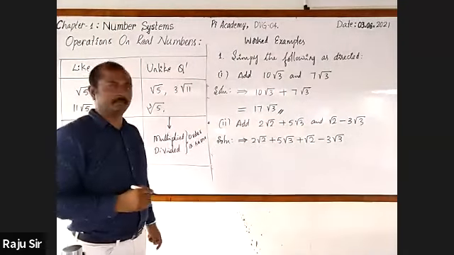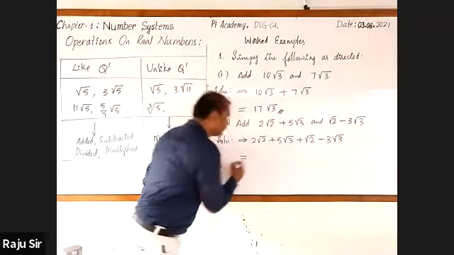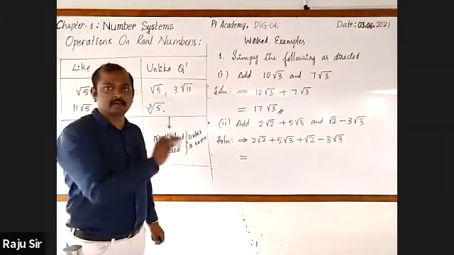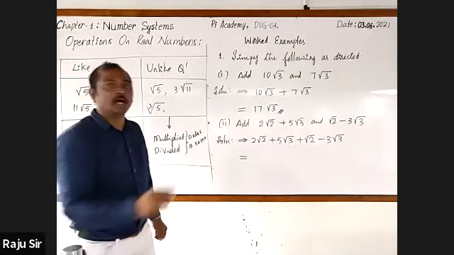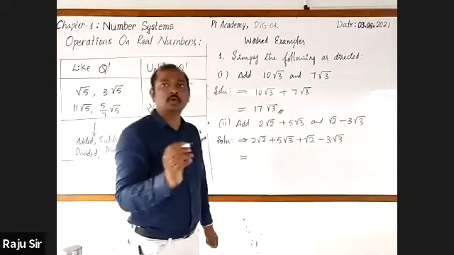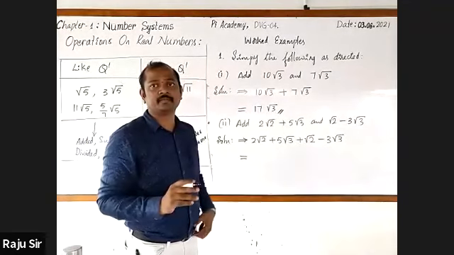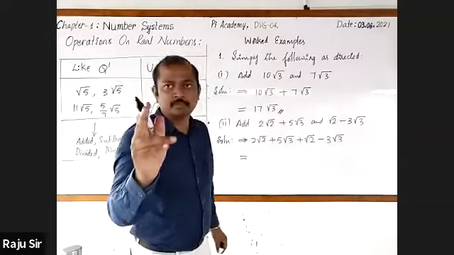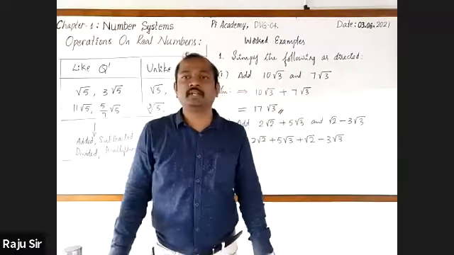We are going to add them. Dear students, now observe this carefully. Now I'm going to choose only the like sets. 2 into root 2 plus, but the root 2 minus 3 root 3 is there.